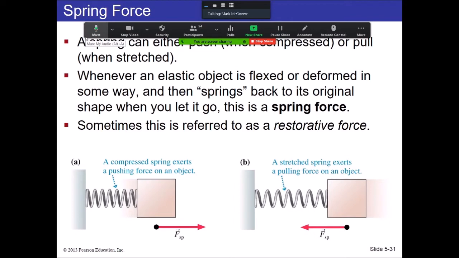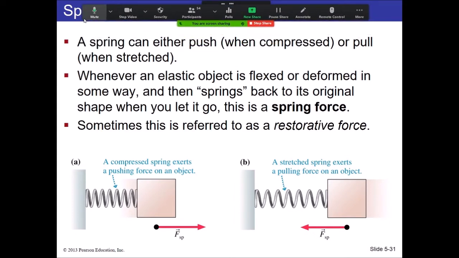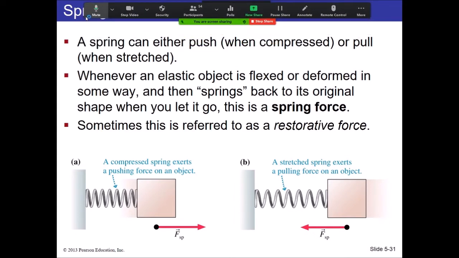All right, spring forces. These are a type of contact force, somewhat of a vague force, where it's also considered a restorative force, where when you try to affect the state of the object, the force acts to return the object to its original state. And a spring is a great example of that. There's a lot of other examples of spring forces.